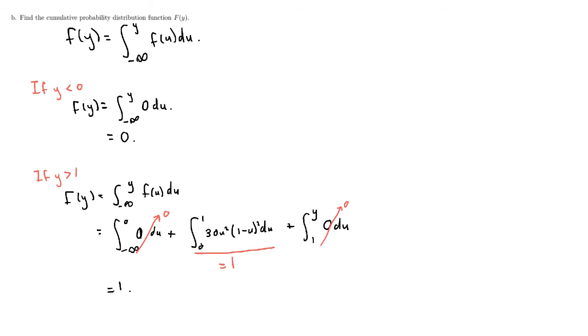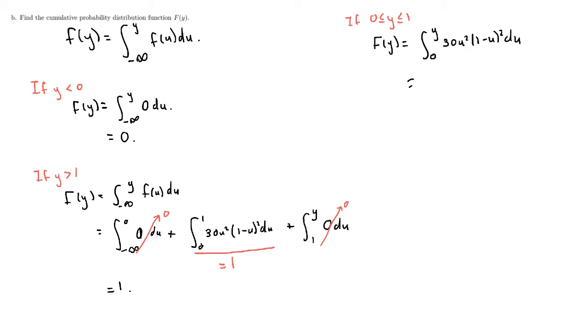All right, now we can have a look at the case if y is between 0 and 1. So in this case, we'll get F of y is equal to the integral from 0 up to y of 30u squared 1 minus u all squared du.